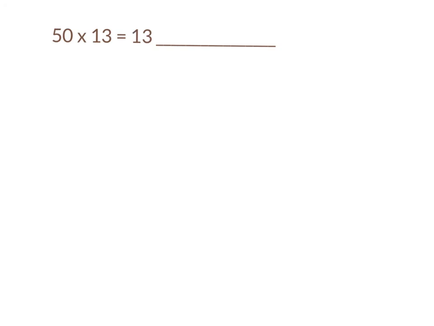Okay. Here we have 50 times 13. So we can say this is 50 13s, or we can say it's 13 what, Eva? 13 50s. Let's write that down. This time, can we do like 14 minus 1? Would that help us? If we have 13 50s, how can we break that up?